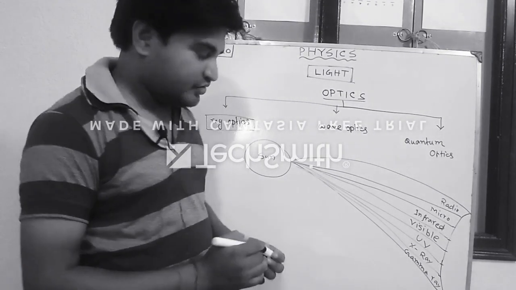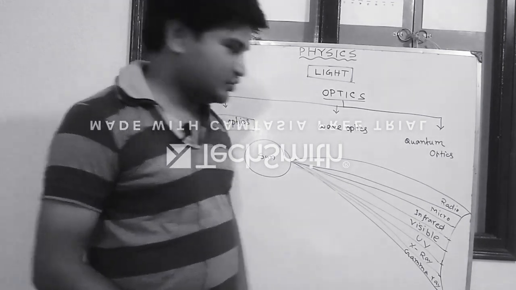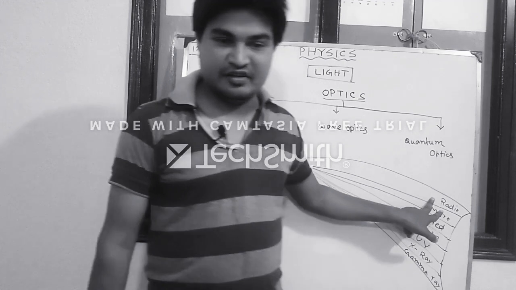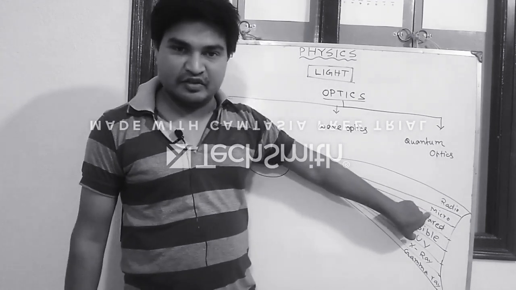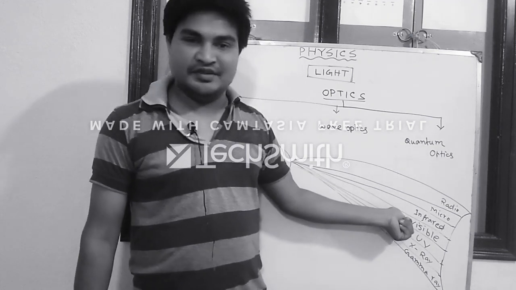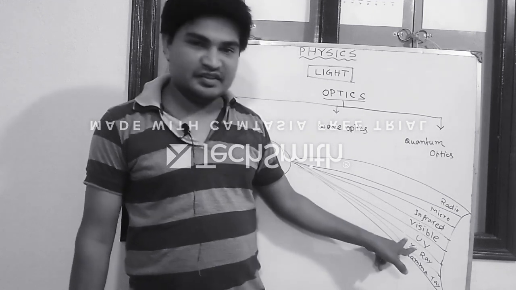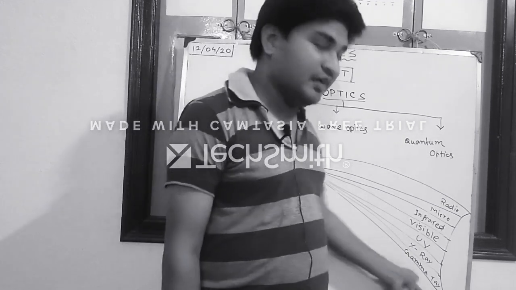I think most of you are familiar with many of them. Okay, this is radio light or radio wave, this is microwave or microlight, this is infrared light or infrared wave, this is visible light or visible wave, UV ray or UV wave, X-ray light or X-ray wave, and gamma ray.